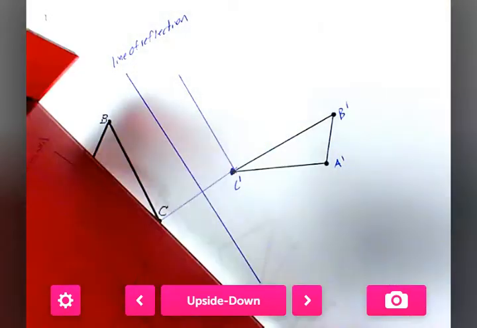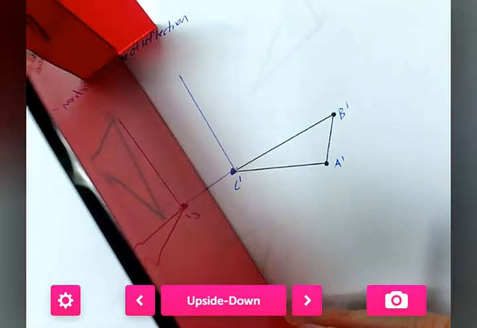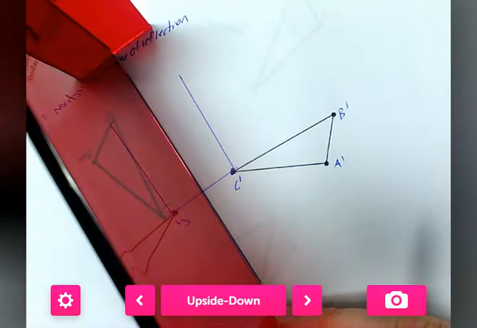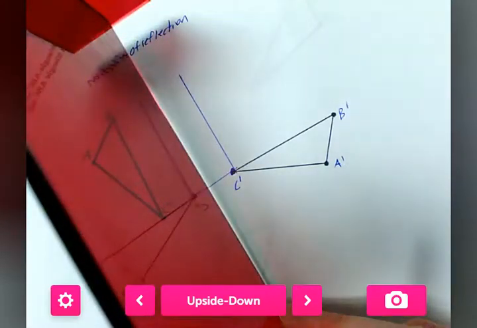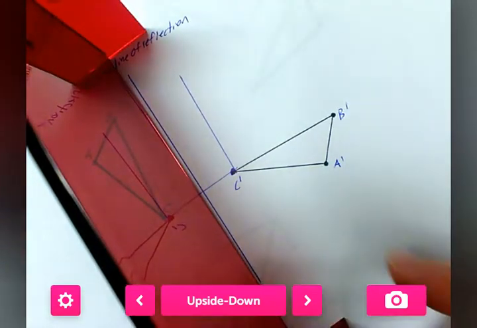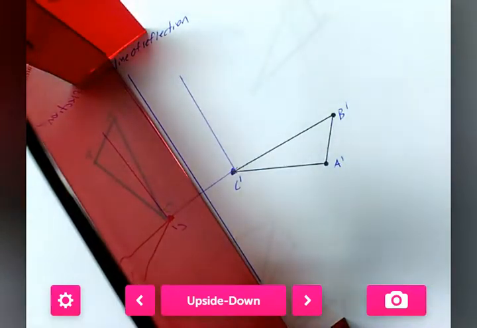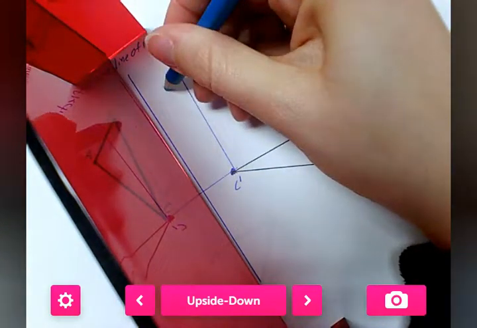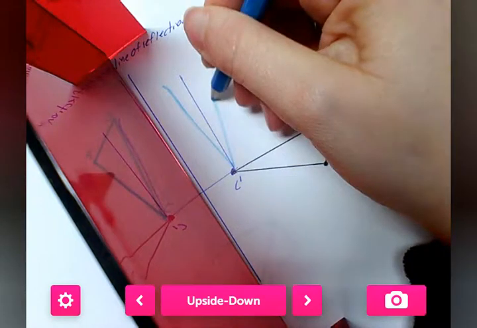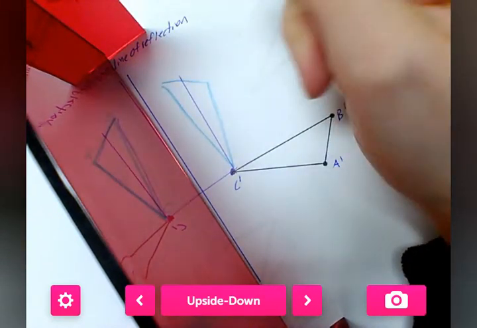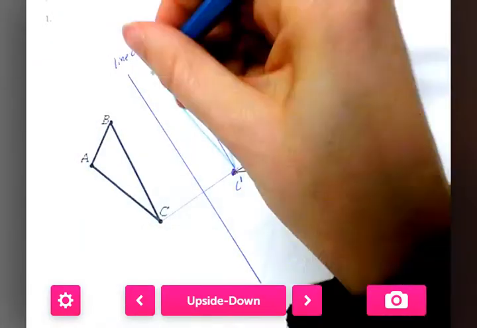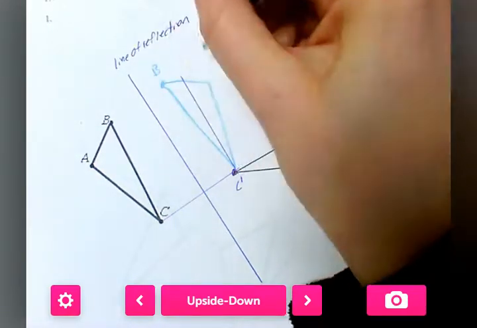So I like to line my mirror up, and I want to make it so it's exact. I'm going to change this slightly and trace it like this. Okay, so this is my new BAC.